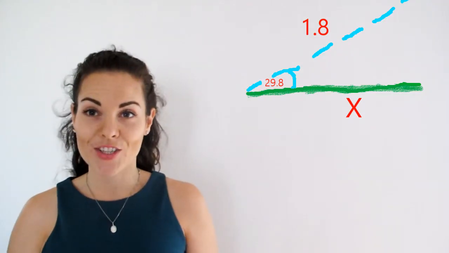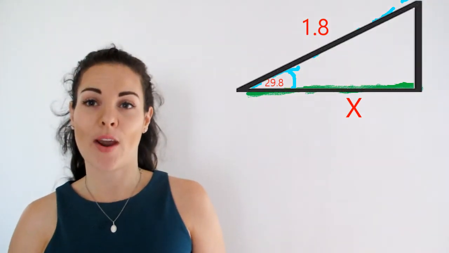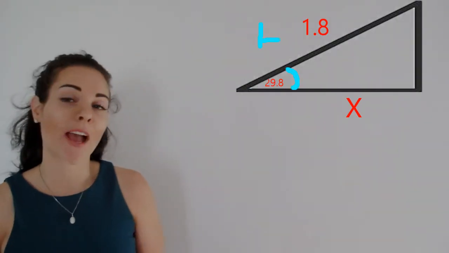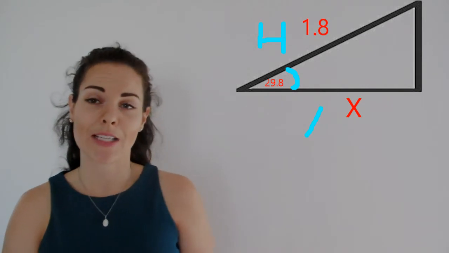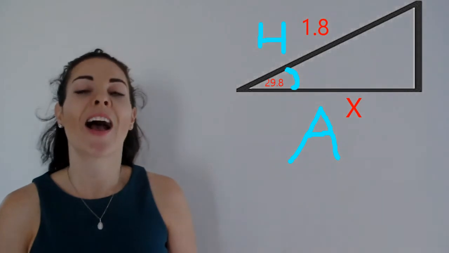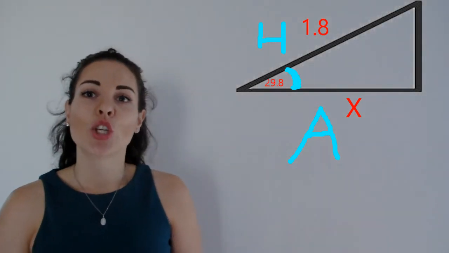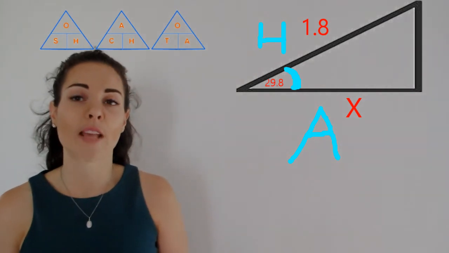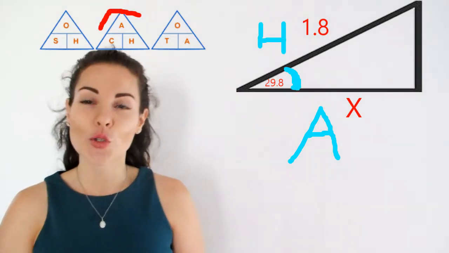Now that we have our sketch, let's try and see the right angle triangle. Here we have the angle 29.8 and we have the hypotenuse 1.8 kilometers. But we're looking for this side here, which is the adjacent side. So we look at our pyramids and we say, okay, which formula includes A and H? It must be the cos one.